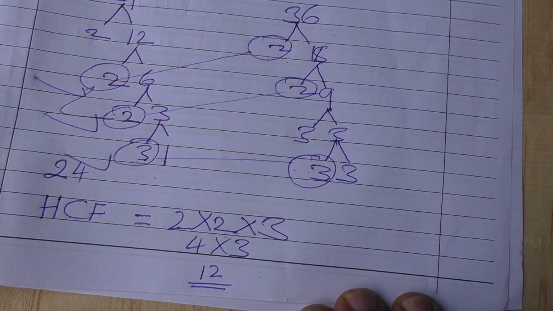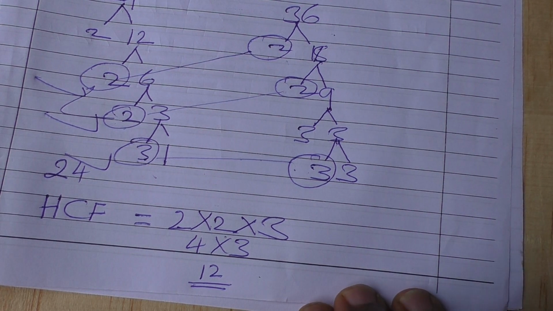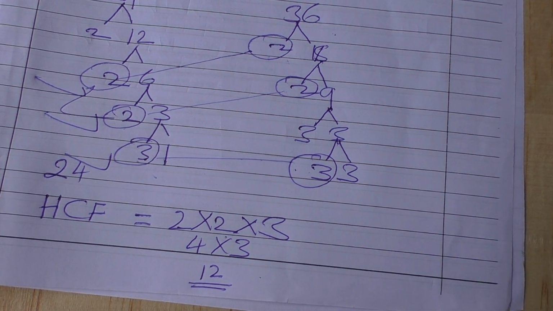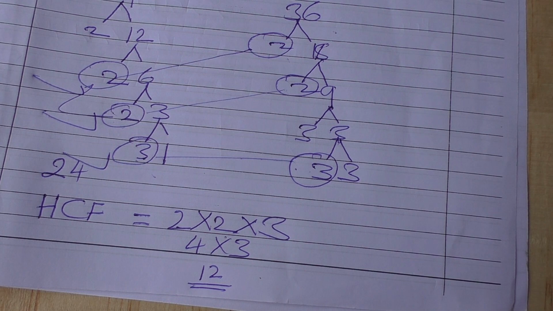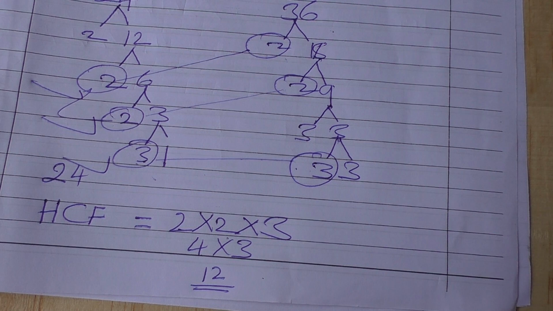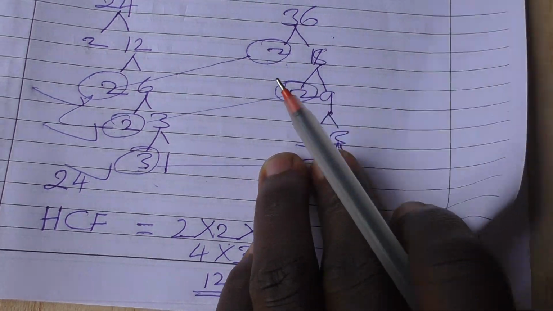That is one way of applying prime factorization. The other way could be in finding the roots, the square root and maybe the cube root of a number. Let us look at how we find the roots of numbers using prime factorization.